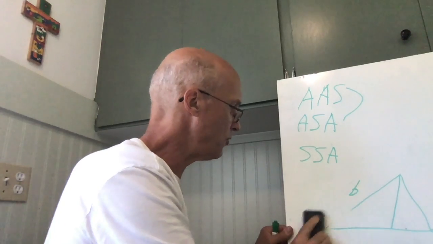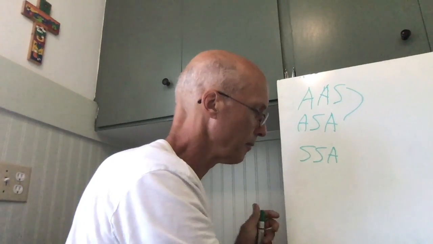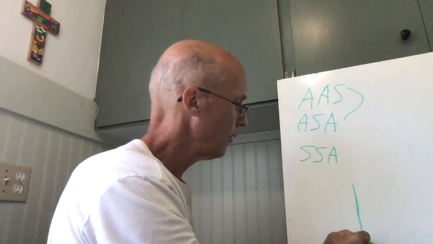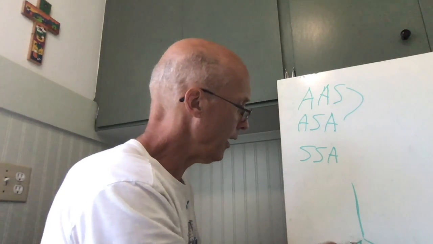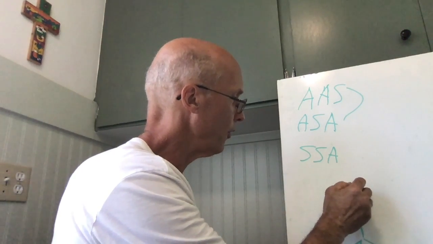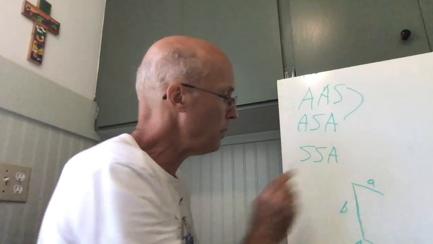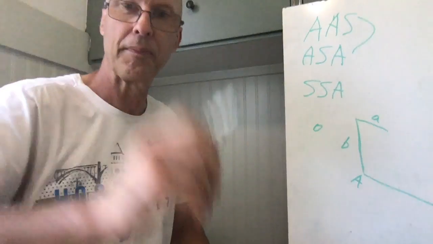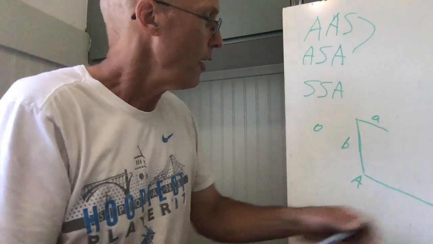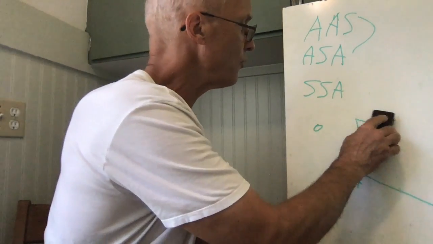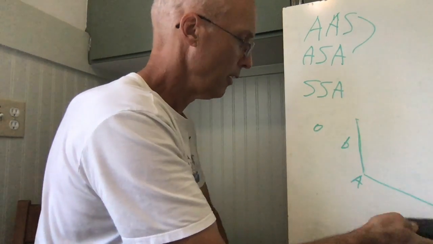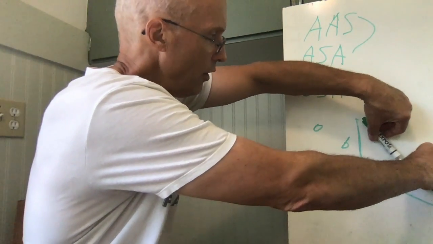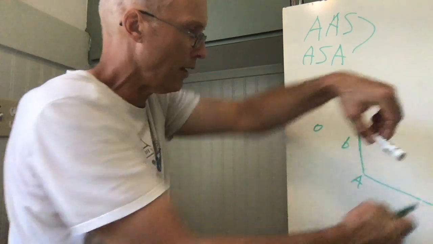If this angle was obtuse, something like this, we'll call this A again, call this B, and call this small a. Well, you could still have this be too short to reach down there. That would be 0 triangles. This time, though, you're not going to have the case where if this is too long, well, I don't even have too long of a pen, but if this was too long, you don't have the case where it's going to be able to swing in.